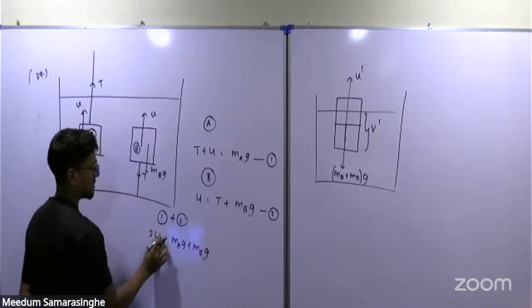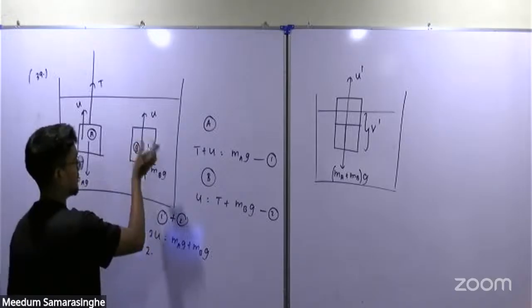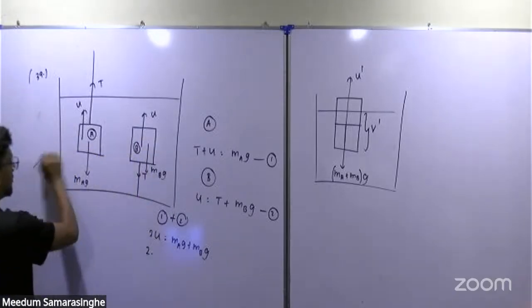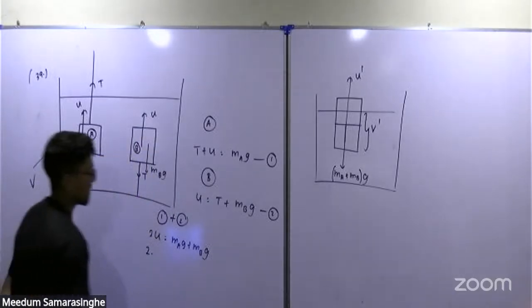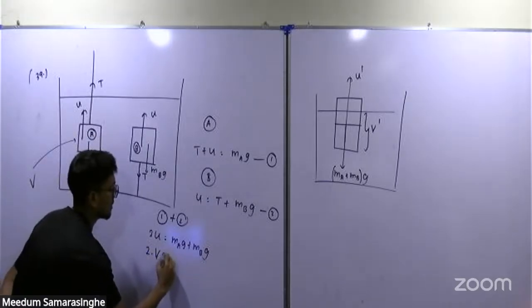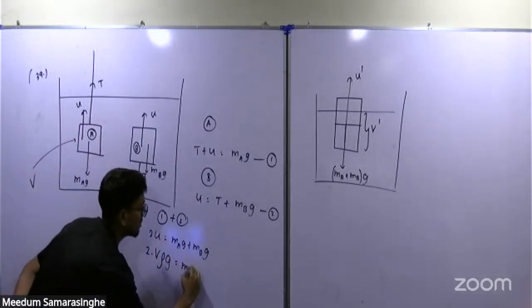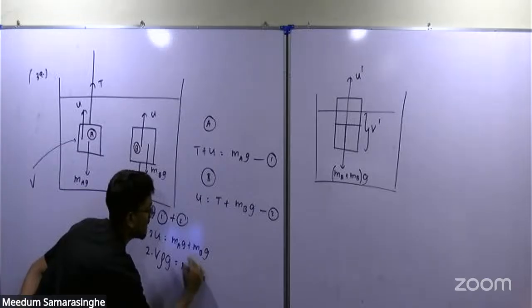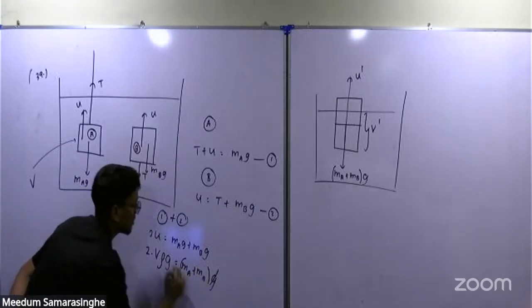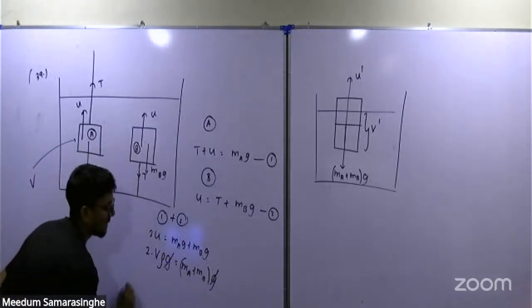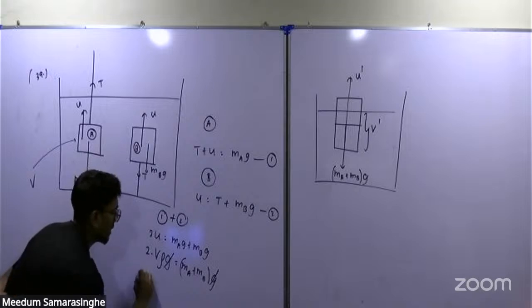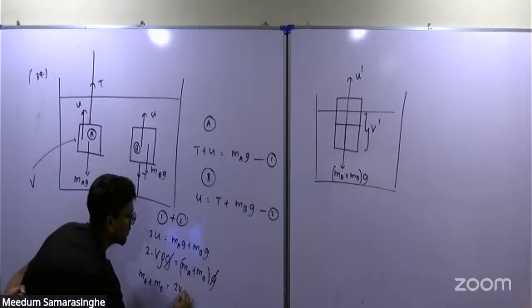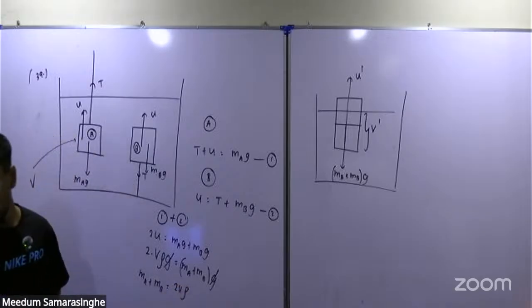So how to write upthrust? Let's say the volume of each cylinder is V. So the submerged volume is V, density of water is rho, g equals MA plus MB times g. When you cancel g, you have MA plus MB equals 2V rho.